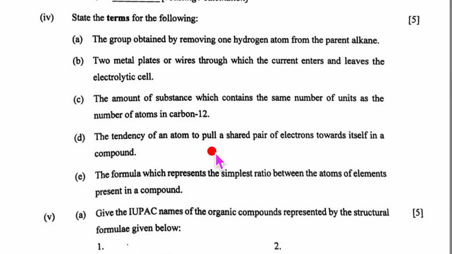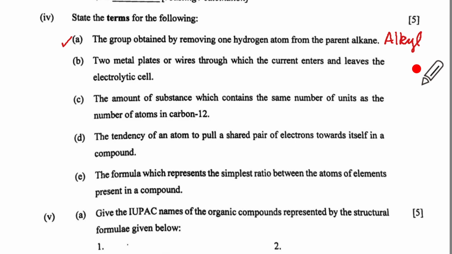Let us come to question number 4. State the terms for the following. A. A group obtained by removing one hydrogen atom from the parent alkane. Now, if it is an alkane, the group with one hydrogen less will be alkyl.